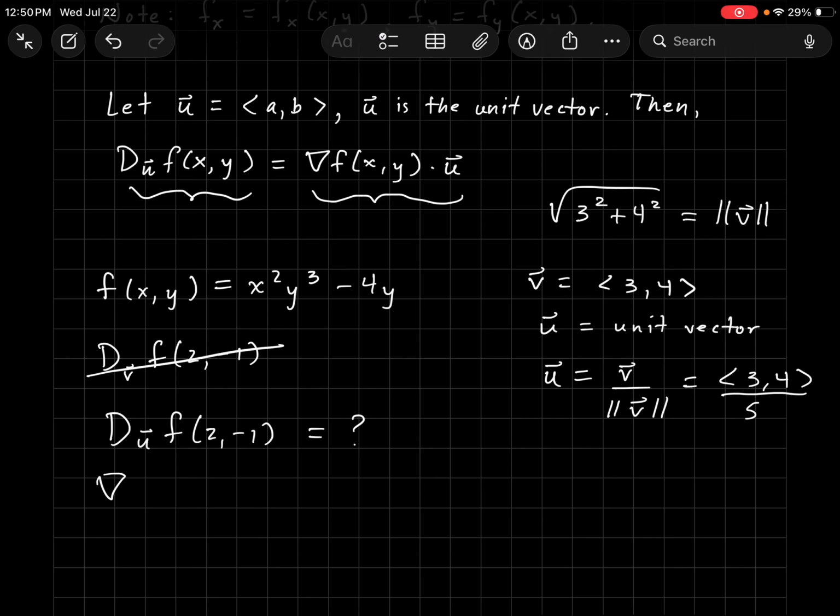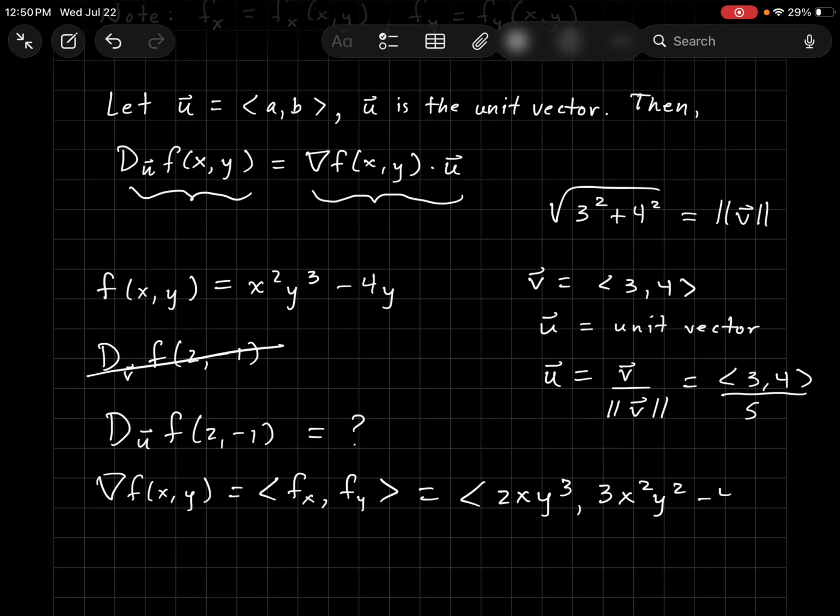We're going to have the gradient of f equals the vector (f sub x, f sub y), which is going to be the vector (2xy cubed, 3x squared y squared minus 4). That's the partial with respect to x, and then the partial with respect to y.